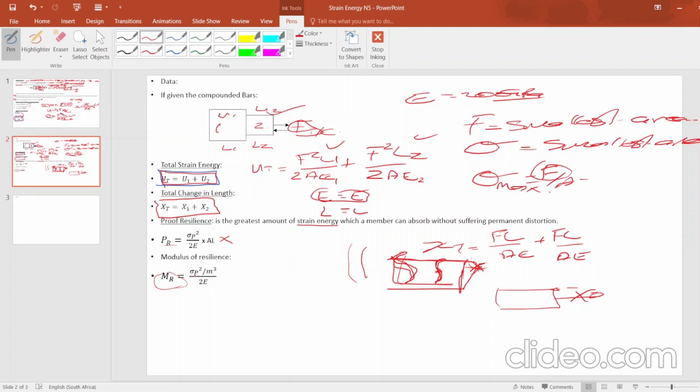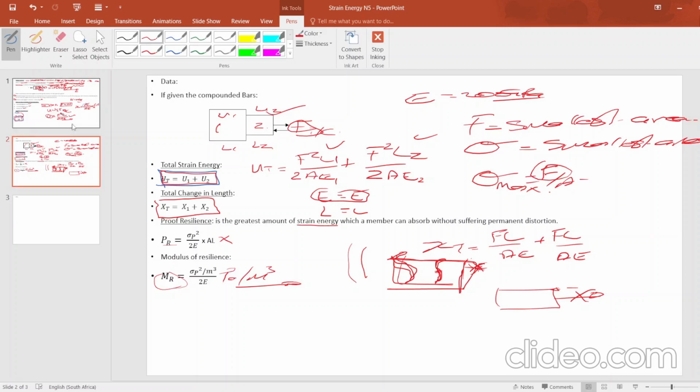The SI unit here will be Pascal per cubic meter. This is the formula that we'll be using for modulus of resilience.